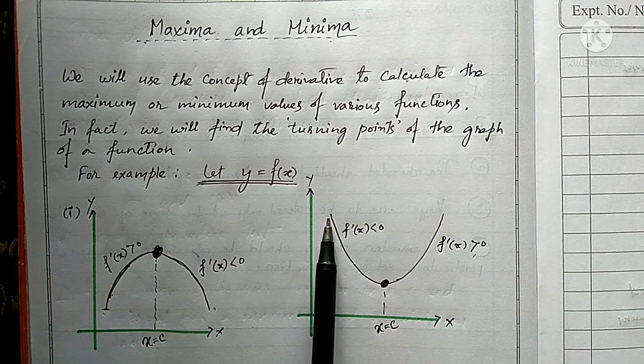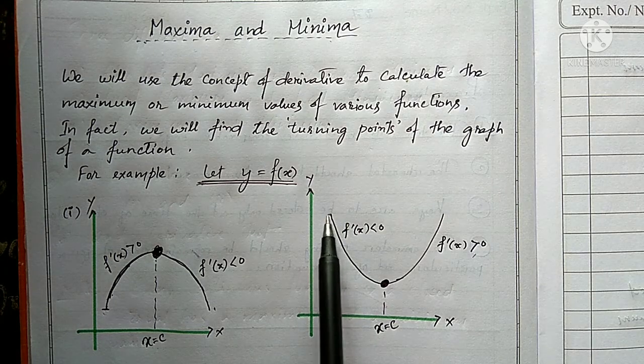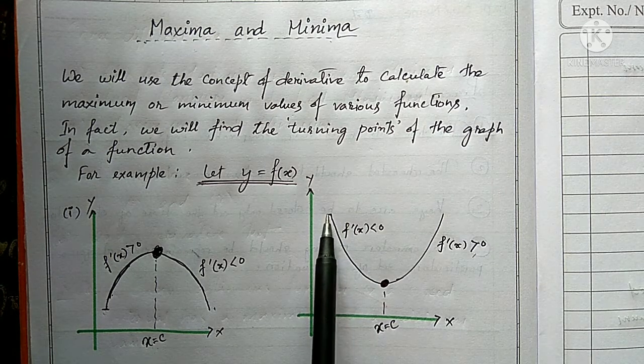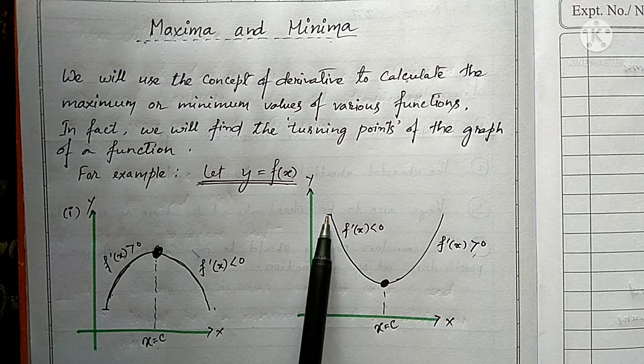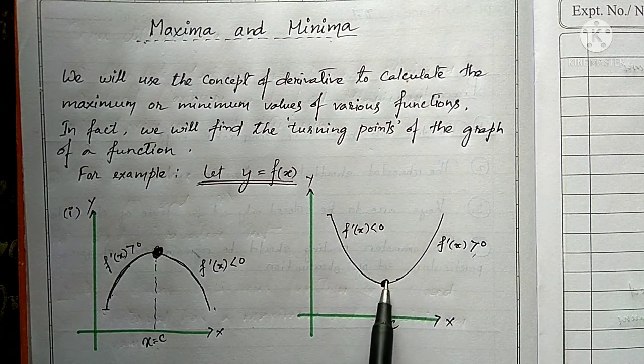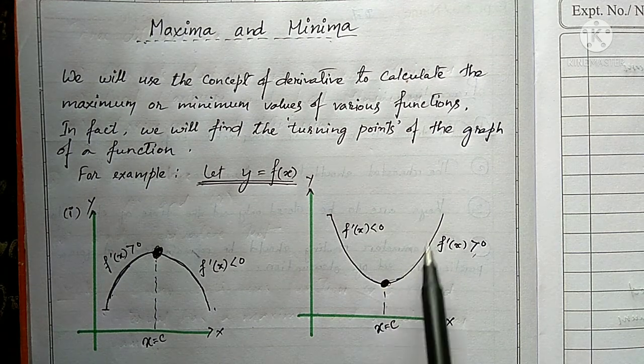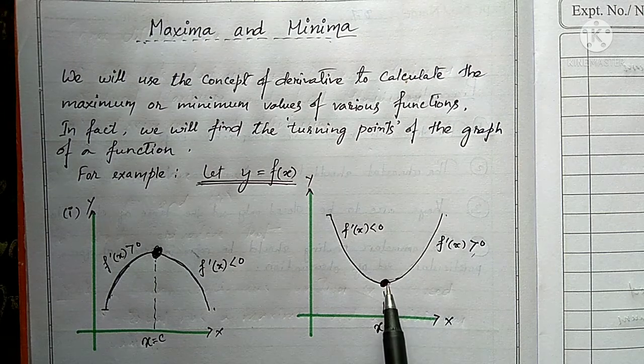Similarly, in this case, if we consider a graph from the left hand side, first the graph is decreasing, and after this point, the graph is increasing. That is called a turning point.